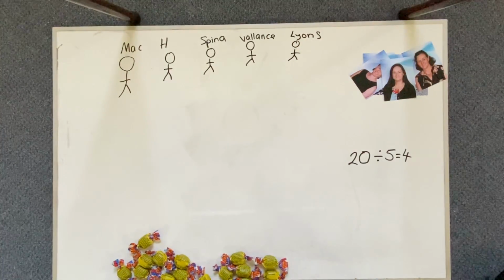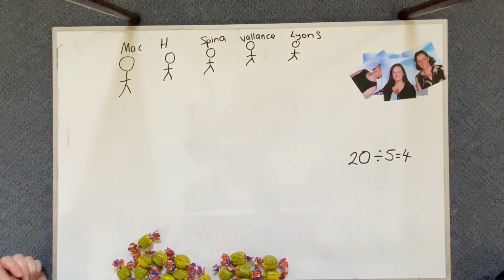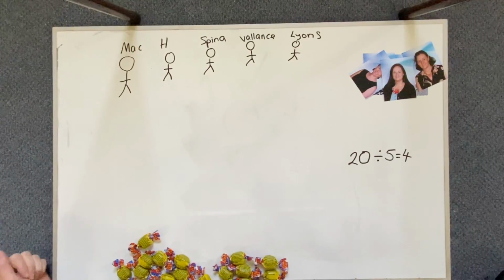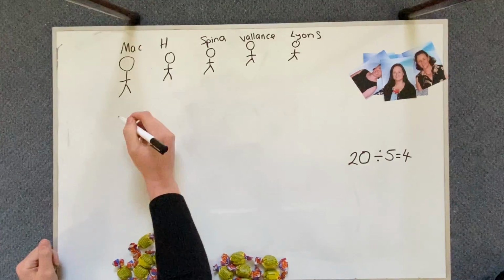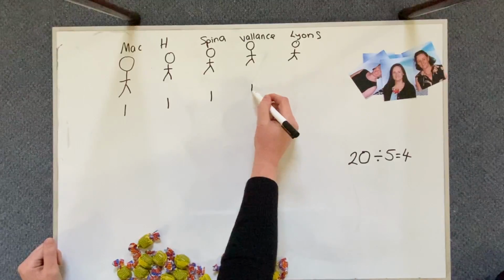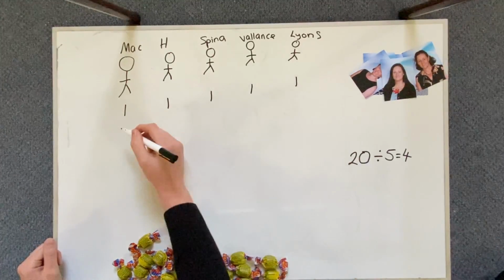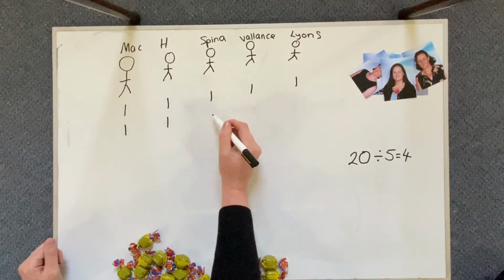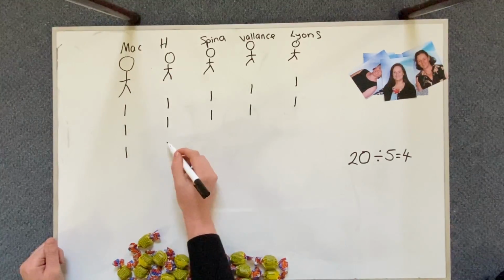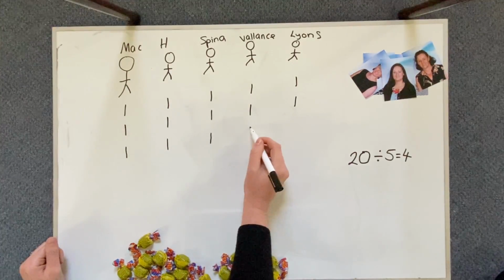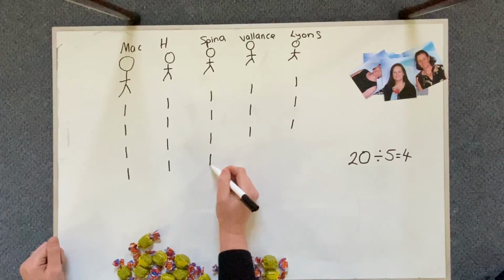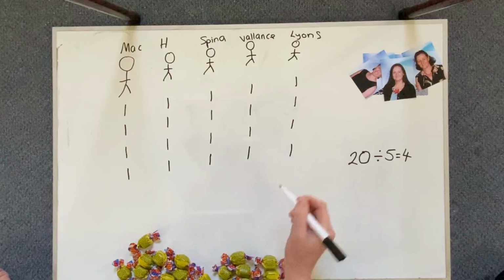They're my people. And then I'm just going to draw little lines to represent my fantails for each person. And I'm going to count out 20. Let's go. 1, 2, 3, 4, 5, 6, 7, 8, 9, 10, 11, 12, 13, 14, 15, 16, 17, 18, 19, 20.